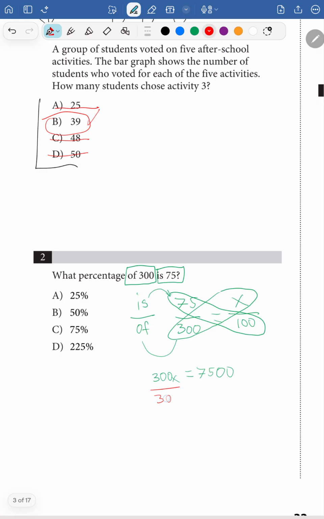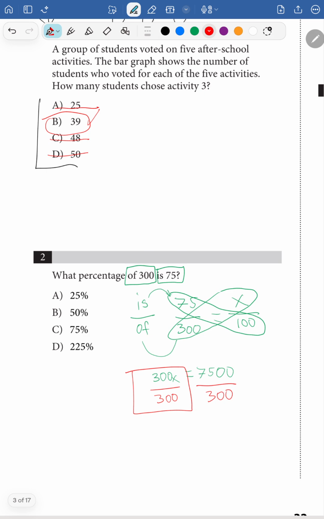The reason for that is because you're multiplying 300 and x, so you have to do the opposite operation in order to get rid of the number next to x. So we're dividing by 300, and since we're doing it on this side, we have to do the same thing to this side. This helps balance out the equation and keep it equal.